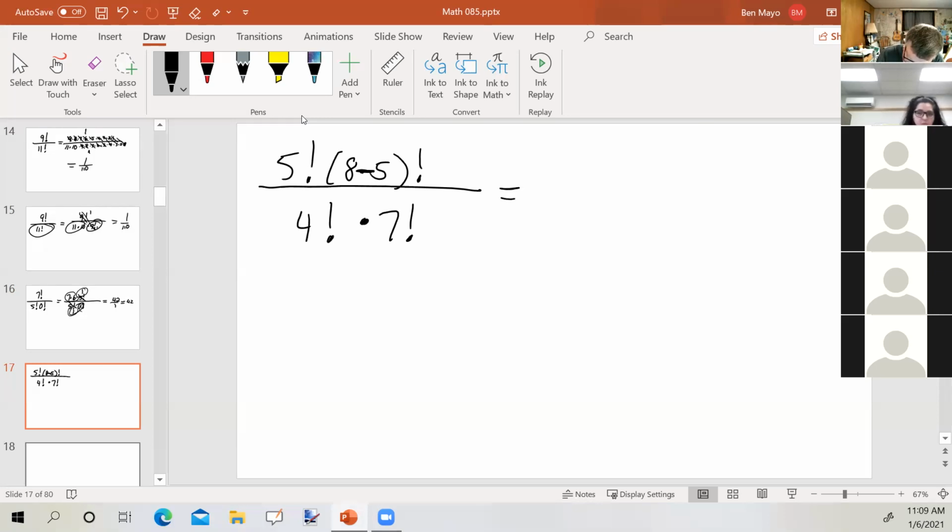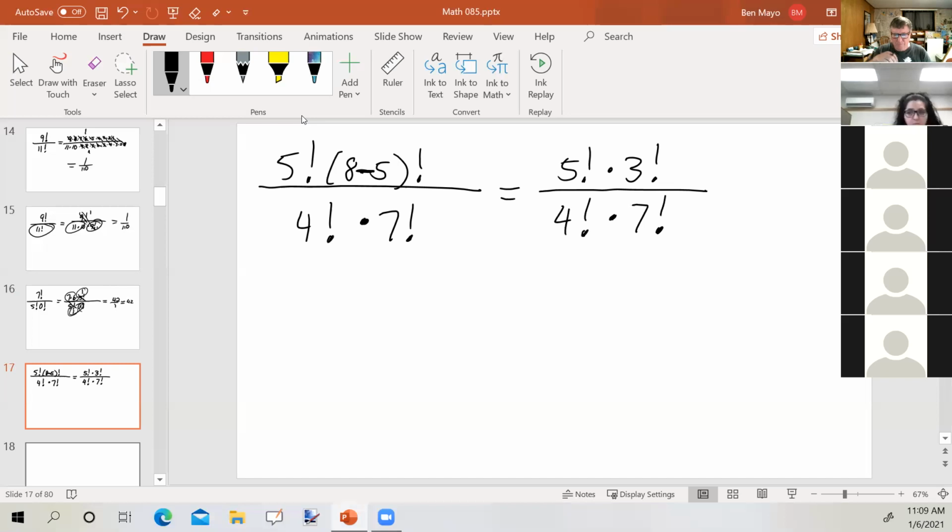Now, in the numerator, order of operations inside the parentheses, 8 minus 5 is 3. So I get 5 factorial times 3 factorial in the numerator. In the denominator, I have 4 factorial times 7 factorial. Any questions how I got there?